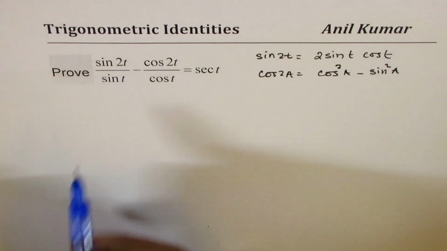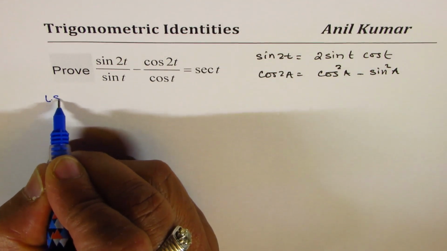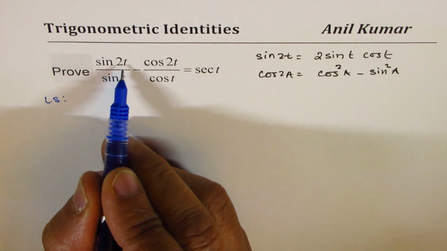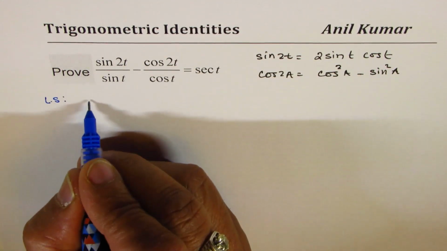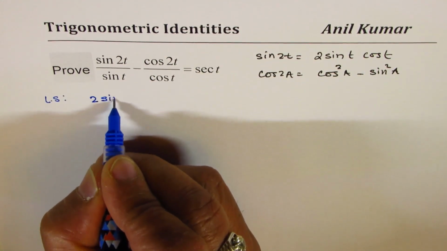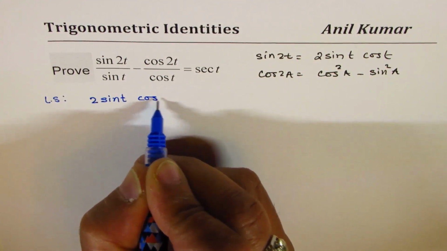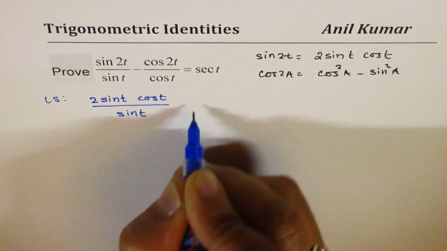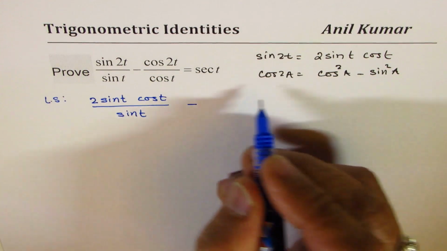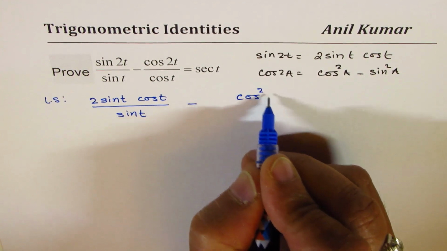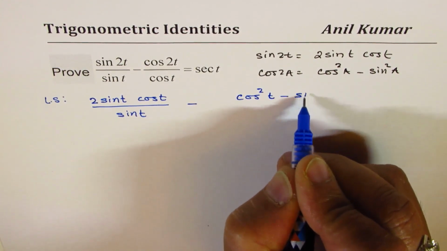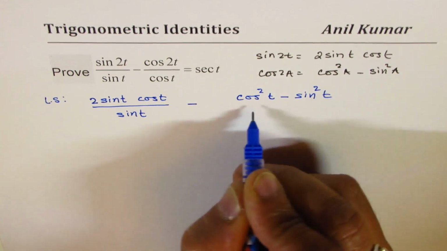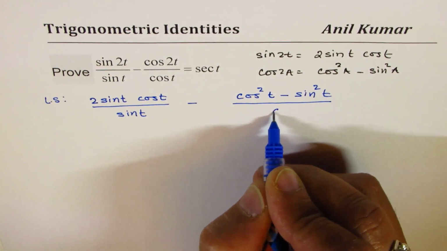So let's begin from the left side. Sine 2t is 2 sine t cos t over sine t, minus cos 2t, which I'm writing as cos square t minus sine square t, divided by cos t.